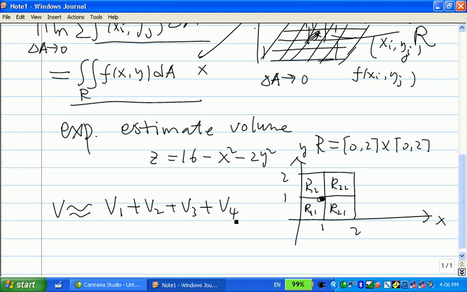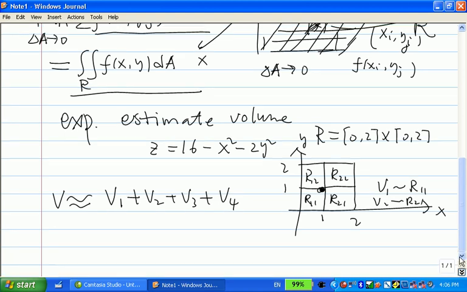This is the volume of a rectangular box: say V1 is the rectangular box associated with R11, and V2 is associated with R21.